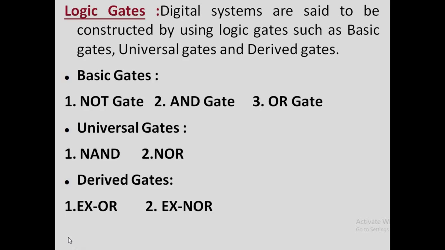First part is a basic gate. In that basic gate there are once again 3 types: NOT gate, AND gate, OR gate. Second category is universal gate. In that NAND gate and NOR gate. And last category is derived gate. In that 2 types, XOR, XNOR gate.